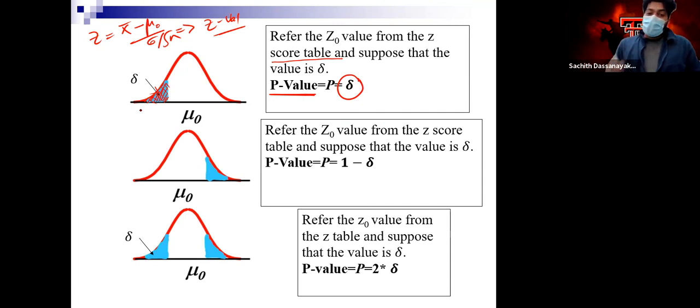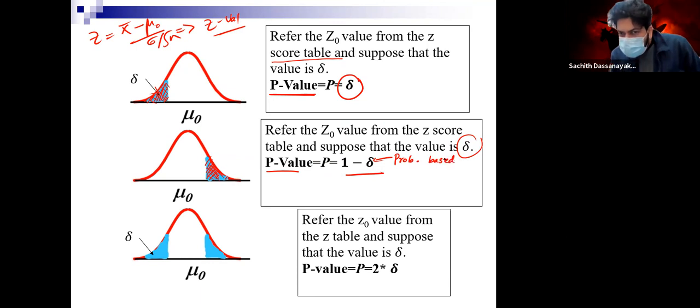But once you deal with the greater than case, which means the right tail test, that delta is the same, but the p value you calculate as 1 minus delta. This delta means the probability based on C cal.